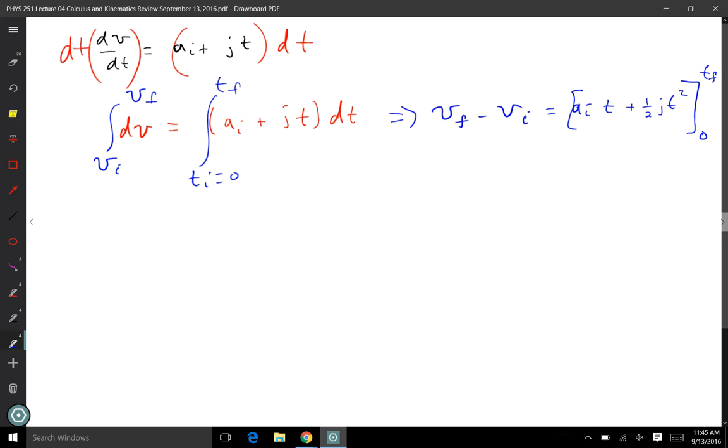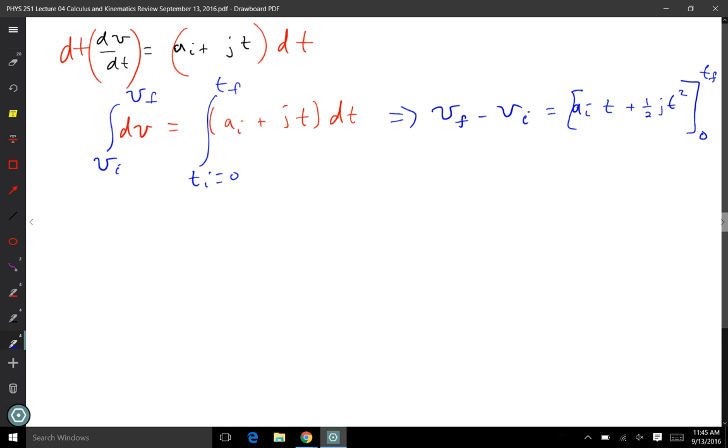just making sure we're clear. I do have to put in my limits there. Because I just have polynomials, when I put in a limit of 0, it's just going to disappear. But it's not like magically disappearing. It's disappearing with good reason.